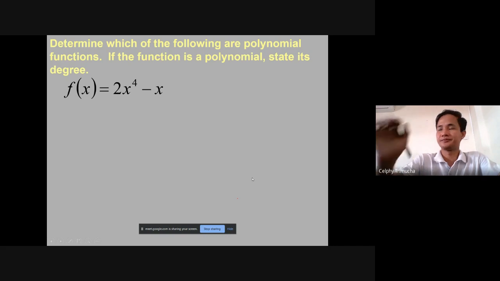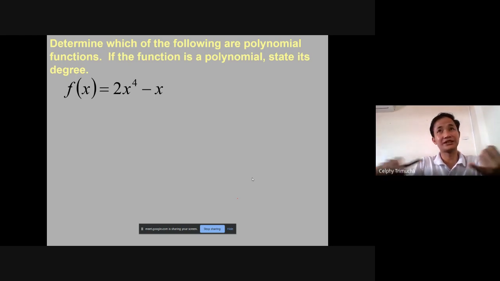Okay, so take note, a polynomial could be classified into different kinds. The binomial we mentioned is still considered in the family of polynomials.